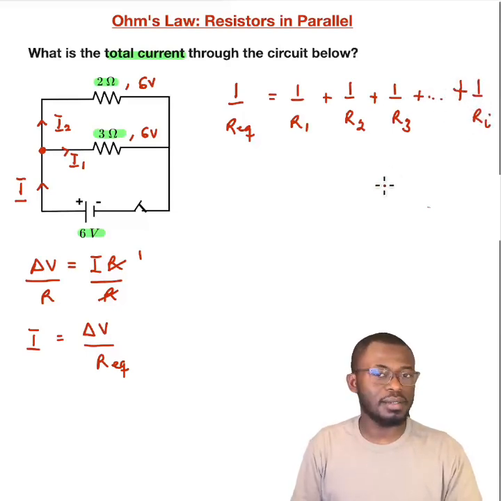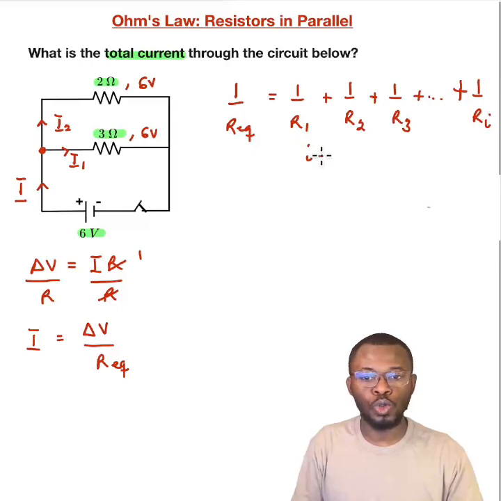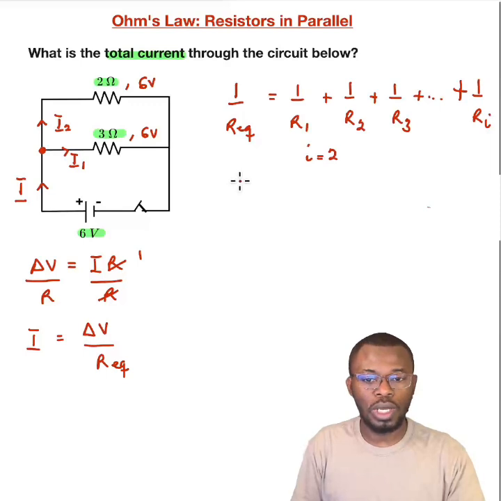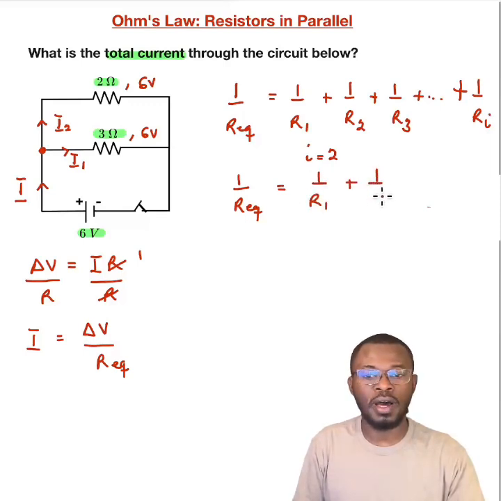That is how to determine the total resistance when two or more resistors are in parallel. Since we have only 2 resistors, we have 1 over R equivalent is equal to 1 over R1 plus 1 over R2.